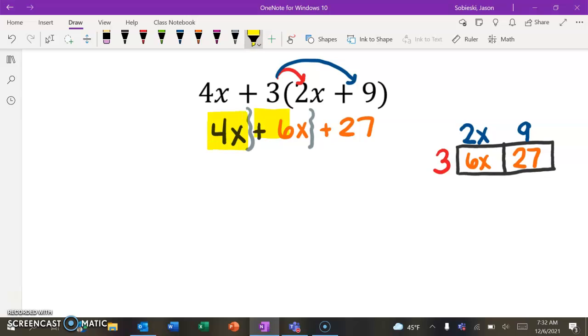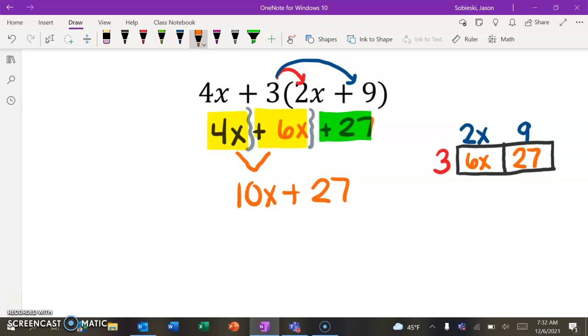So as you know, we have x terms, 2 of them exactly, and then we have one constant, right? Just a number. And if we combine our x terms, 4x plus 6x will get us a 10x plus the 27 at the end. Those two terms cannot be combined, so we are done. We are simplified as we can be.